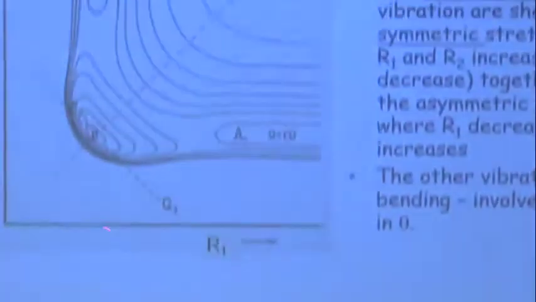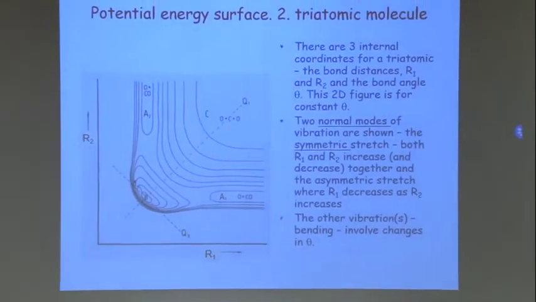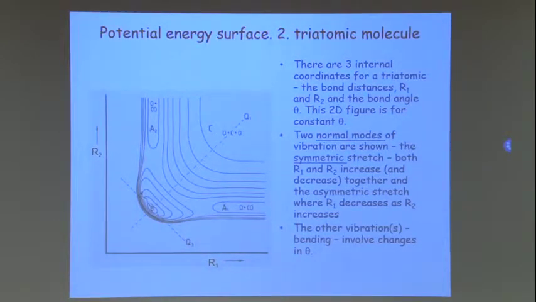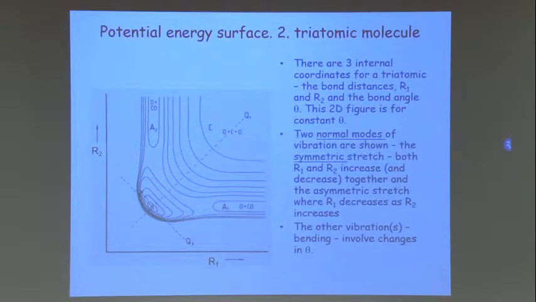And you can extend this bond distance and go out to O plus CO, and this bond distance and go out again to O plus CO. And if you go in this direction, then eventually you finish up with atoms. And this is what we call the symmetric stretch, where both R1 and R2 are increasing together. And this is the asymmetric stretch, where one is decreasing and the other is increasing.